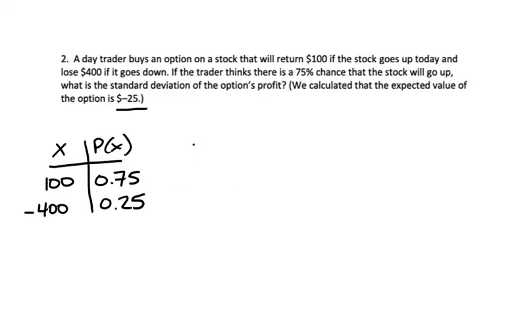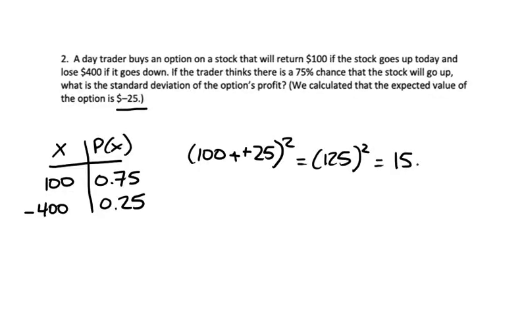So each data value minus the mean. Now in this case, my mean is negative. So when I subtract it, it'll be 100 minus negative 25. So that will give me positive 125. And then when I square that, I get 15,625.